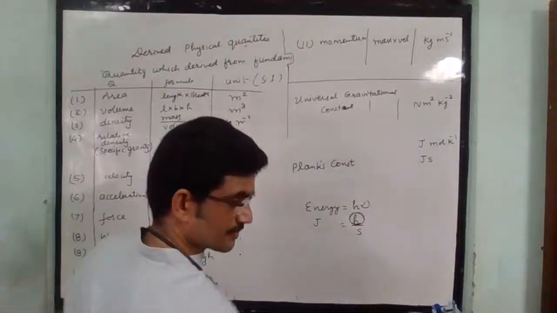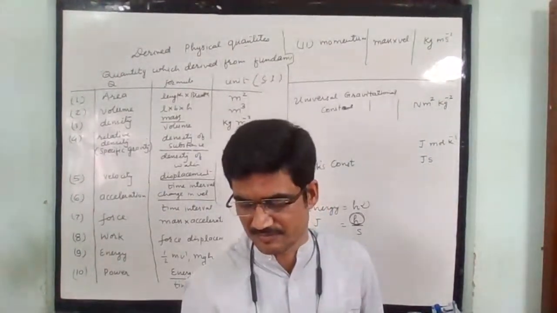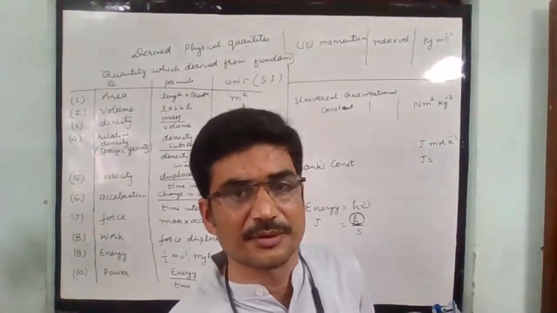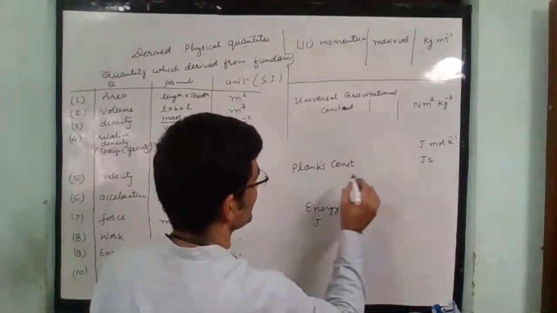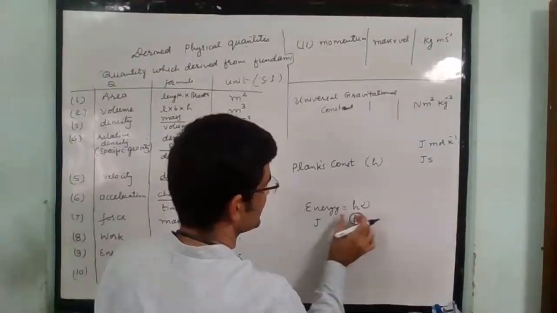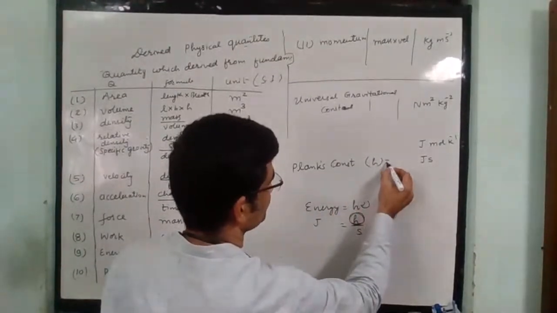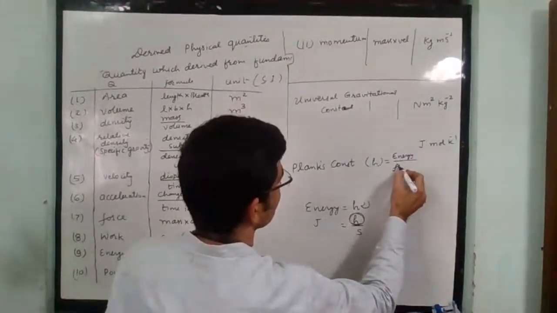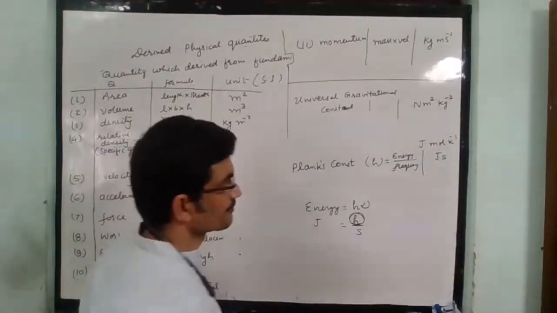H is the Planck's constant, denoted by h. So h is energy divided by frequency, and its unit will be joule into second.